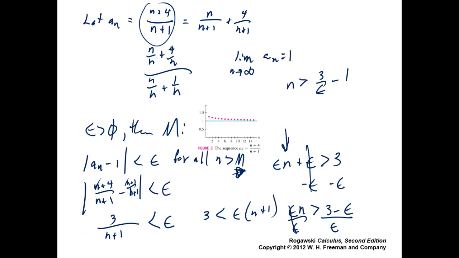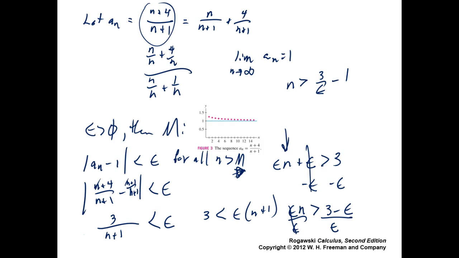Let's say epsilon is 0.1. Then this would be 3 over 1/10, that would be 30 minus 1. Any n greater than 29 would guarantee you're within the epsilon. If you say, like they do in statistics sometimes, I want a p-value of 0.001, okay?